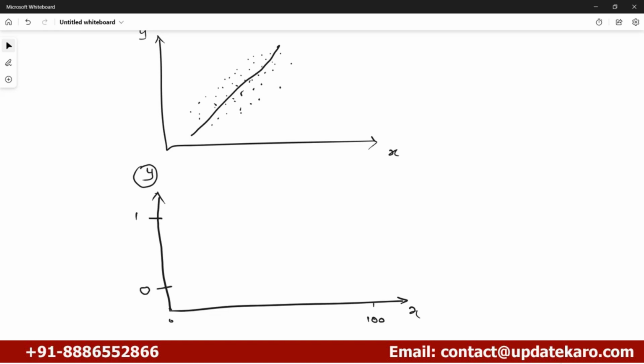Let me assume here is my 0, and this is the value 1, just to show you. Now we got the data like this, a few values over here in this region and a few values over here. The x values are, let's say, 32, 22, 41, 56, then 78, in between 0 to 100, right? And your y data is like this: 0, 1, 1, 0, 0, right?